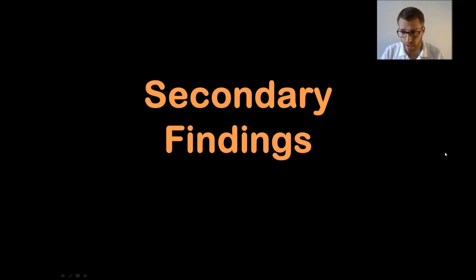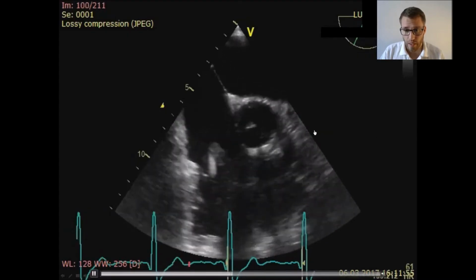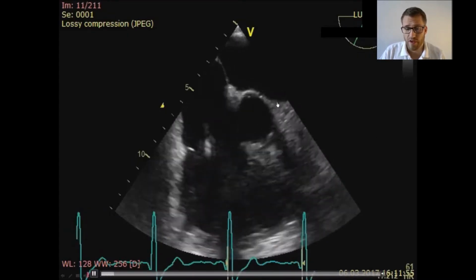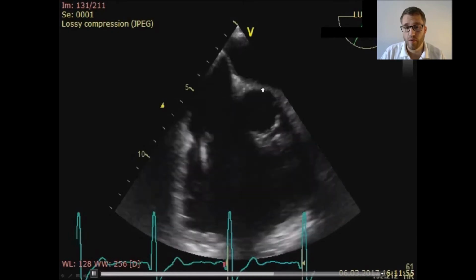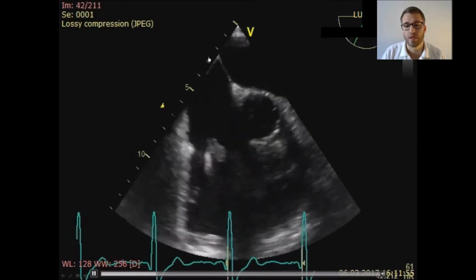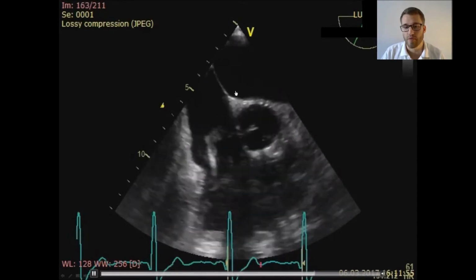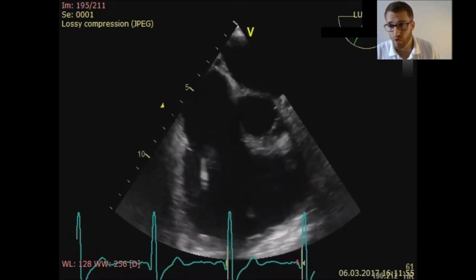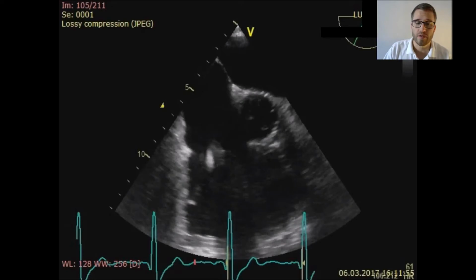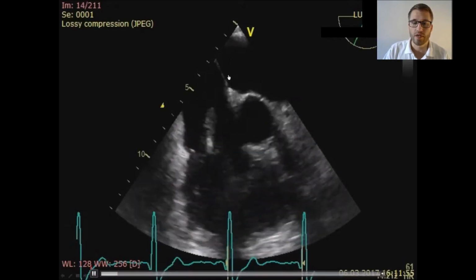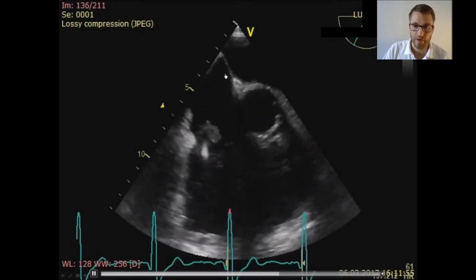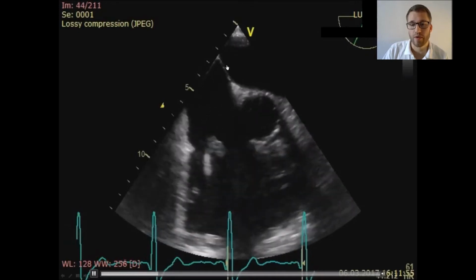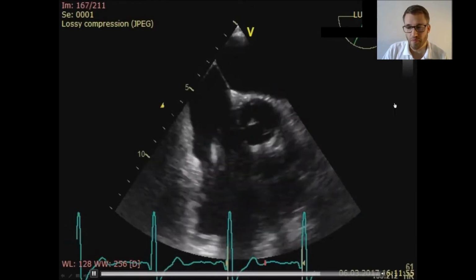First of all, when we perform the transesophageal echocardiography, we also take a look at the interatrial septum. From this point of view, the interatrial septum looks fine and competent. There's no hole we could see here for patent foramen ovale or ASD or something like this.